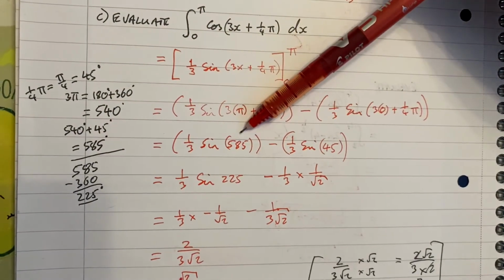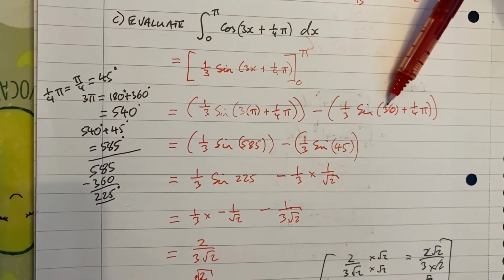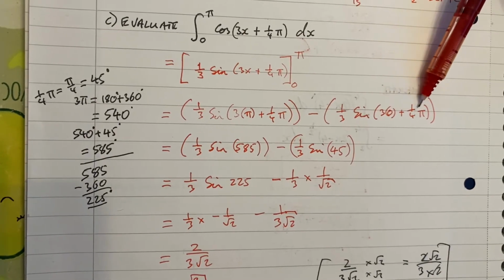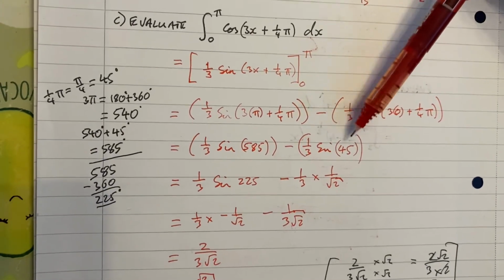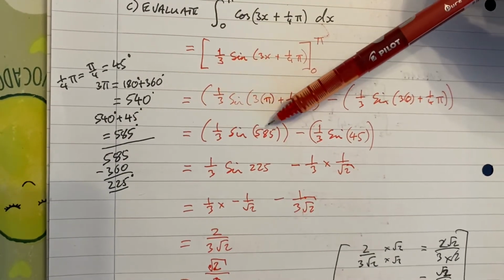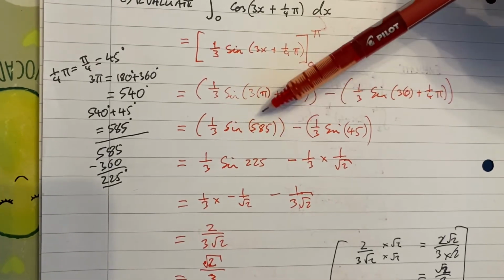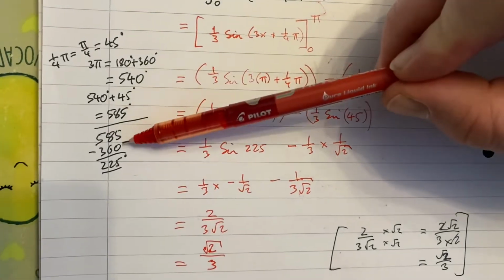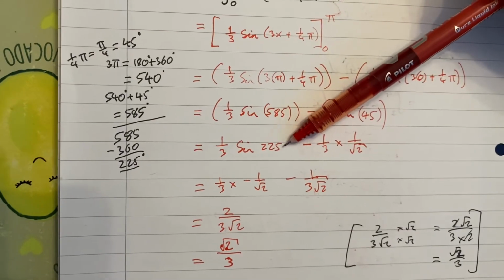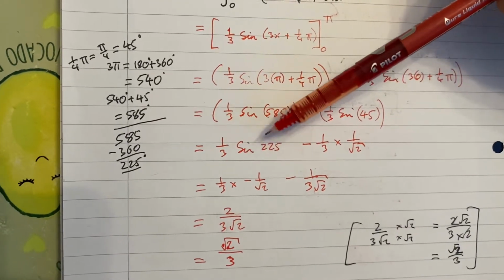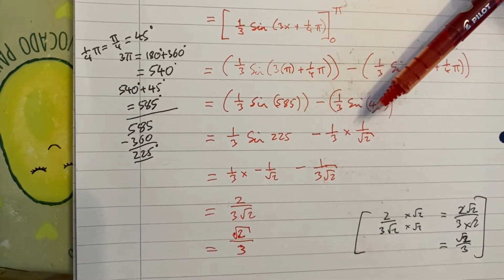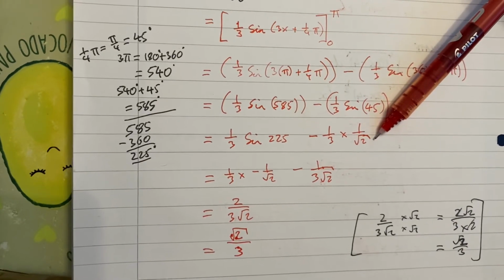We get 585. And here, 3 lots of 0 is 0, so we get pi over 4, which is 45. So it's 1/3 sine. Now 585, because that's bigger than 360, we take 360 off it to get it between 0 and 360. So it's the sine of 225 minus, well, sine 45 we know is 1 over root 2.